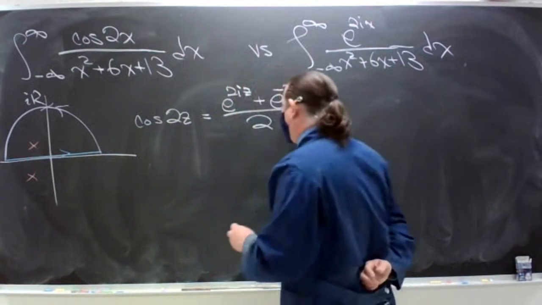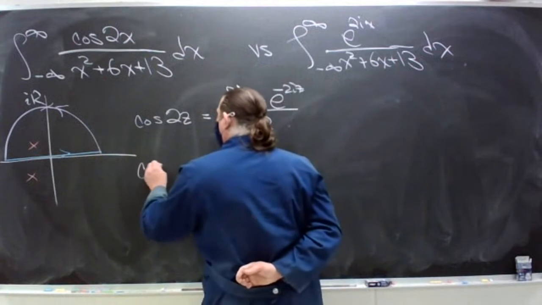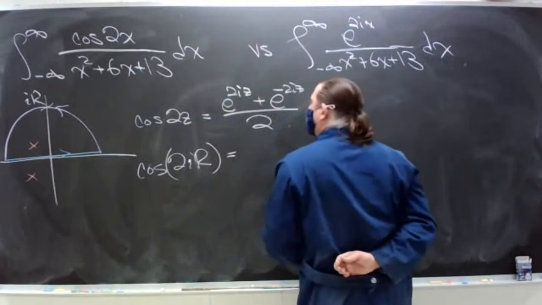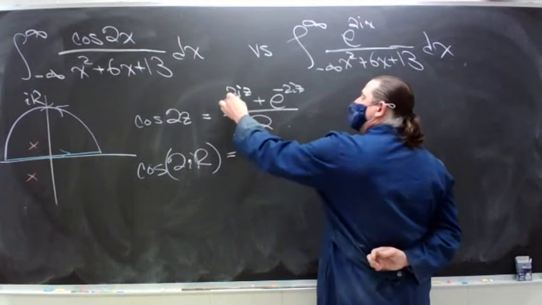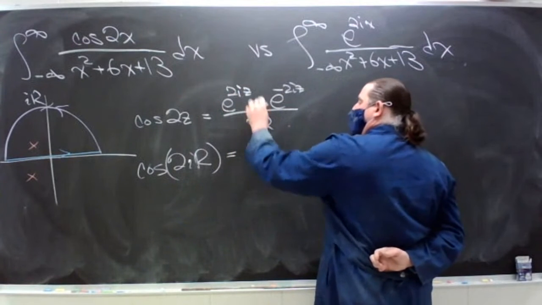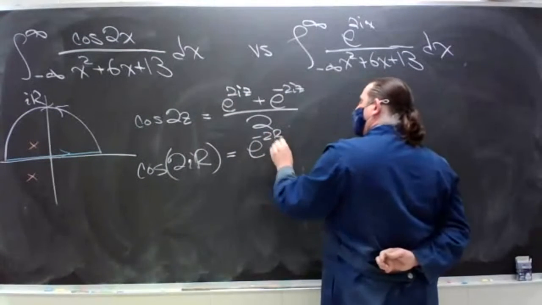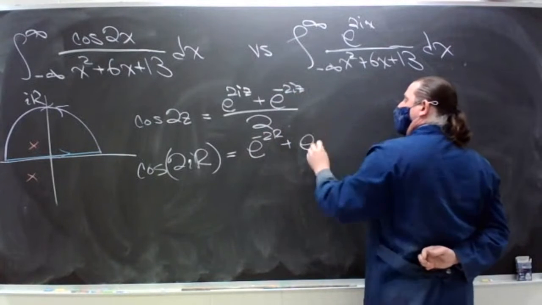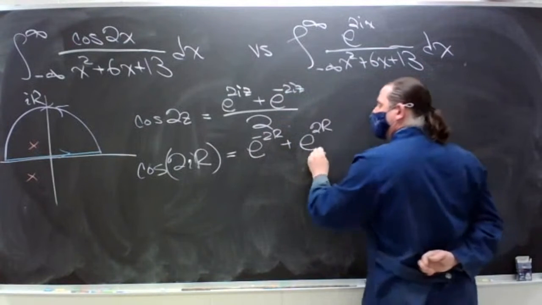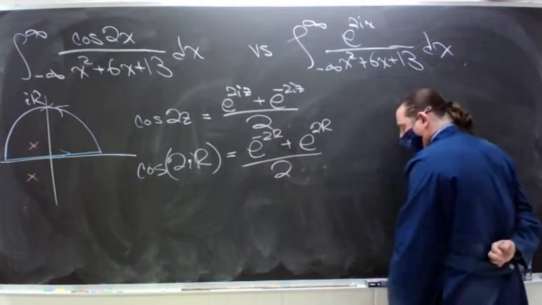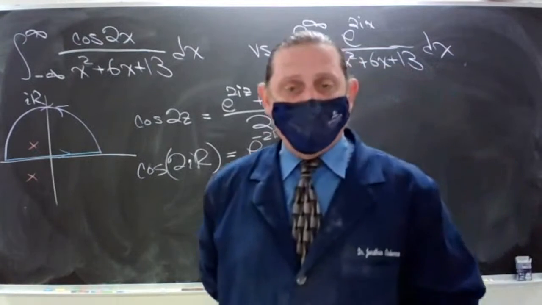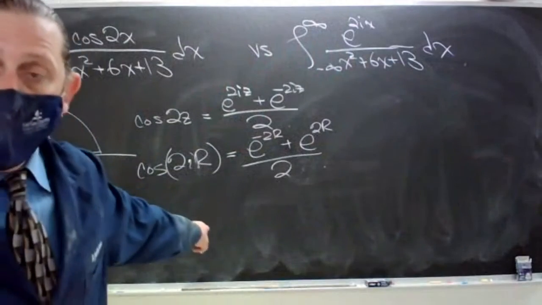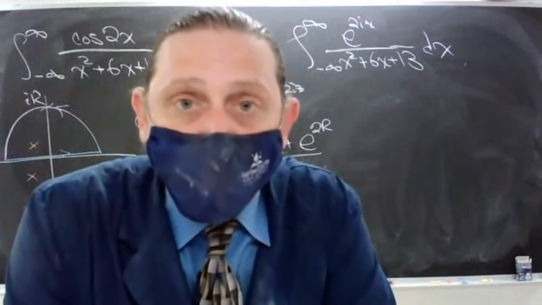When z equals iR, I'll get e to the 2i·iR, that's minus 2R, plus e to the negative 2i·iR, that's 2R. Now, as R tends to infinity, that e to the positive 2R will not be muted.